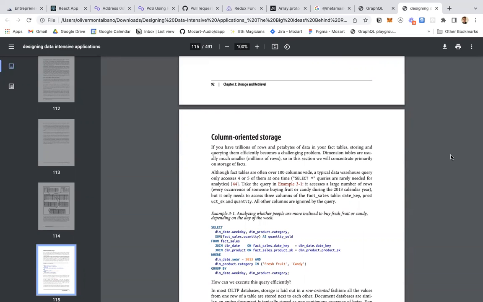And then I think normally when you're reading, they would store an entire record on disk, so they write one record on disk and then the next record and then the next record.